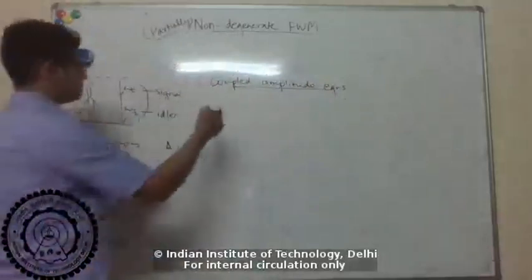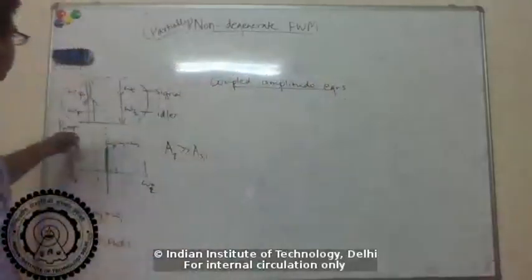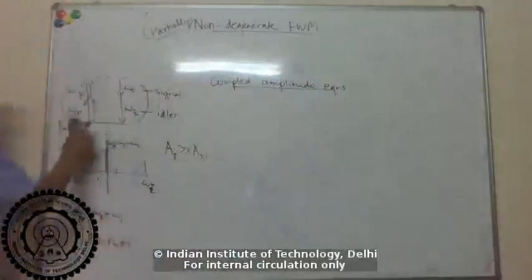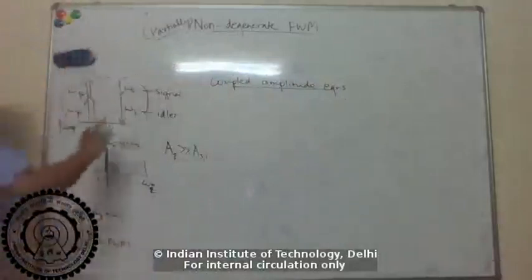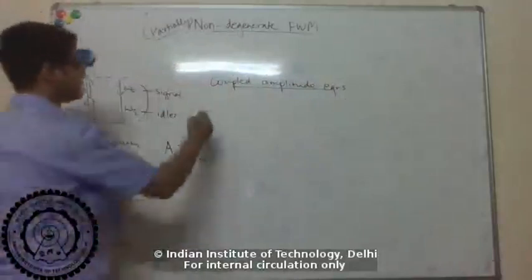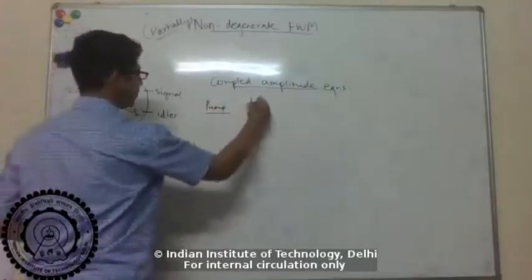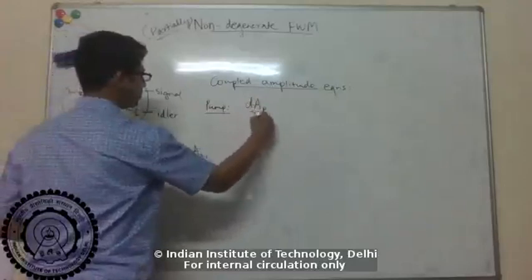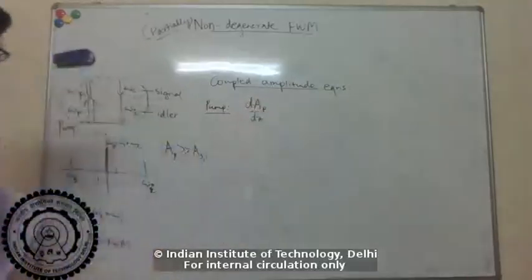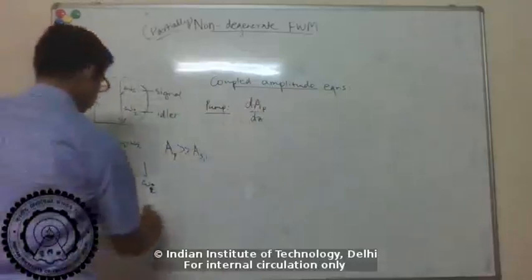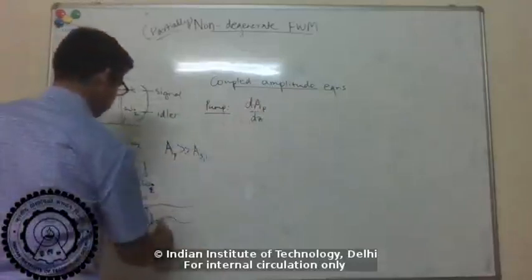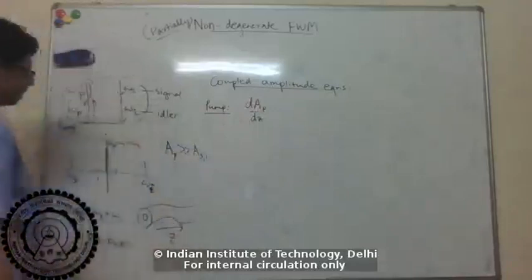So again, we'll have three equations: one for the pump, one for signal, and one for idler. Right. So let's start with the pump. So we have dAp by dz. Right. So let's say you have some fiber or something, and the propagation direction is z.